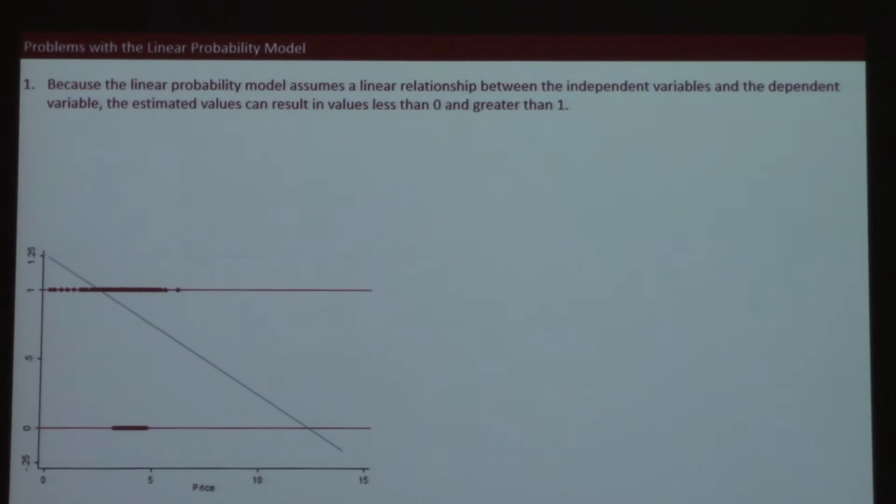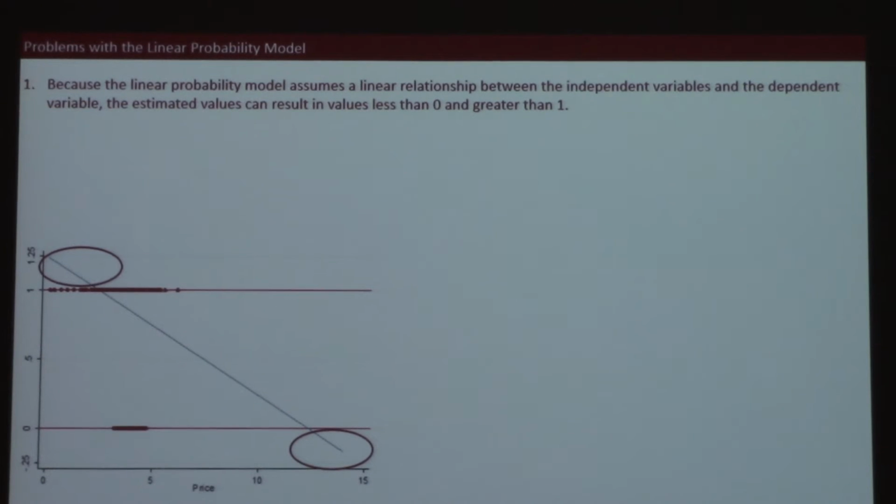The problem is, one, it assumes a linear relationship, which may or may not be true. And I think more importantly, probabilities are between 0 and 1. With a linear probability model, you can get a probability greater than 1, and you can get negative probabilities. So these are literally nonsensical results.